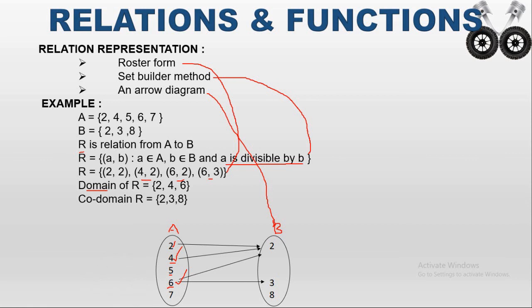Whatever elements are present in B, you write all of them. So the codomain of R = {2, 3, 8}. Next is the range. What is the range? Permissible output. The permissible outputs are 2 and 3. So the range of R = {2, 3}.